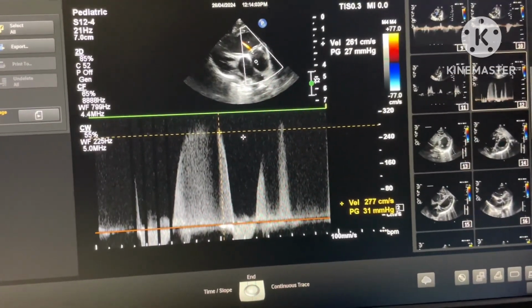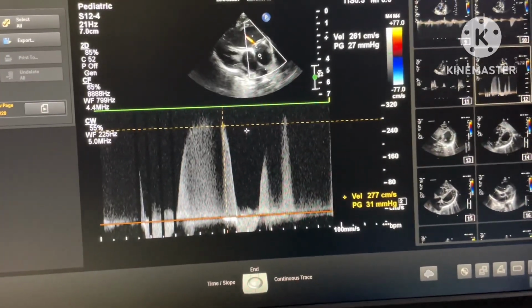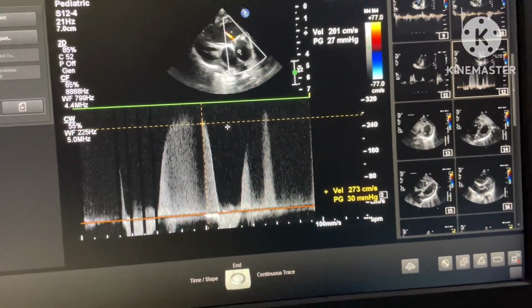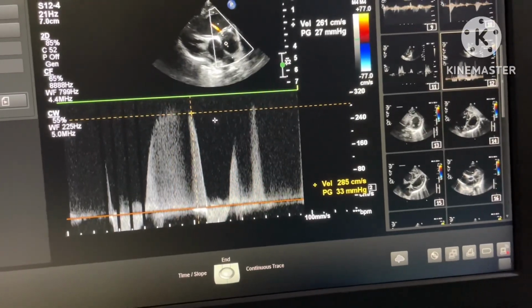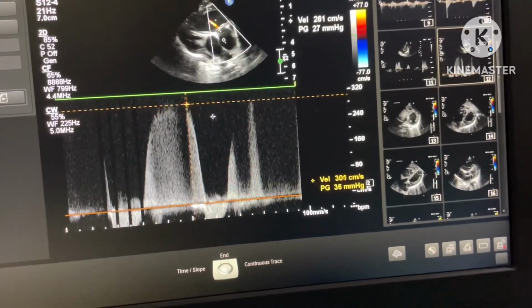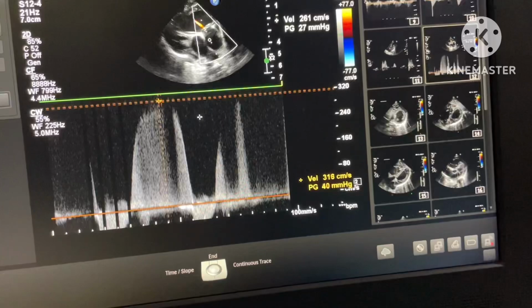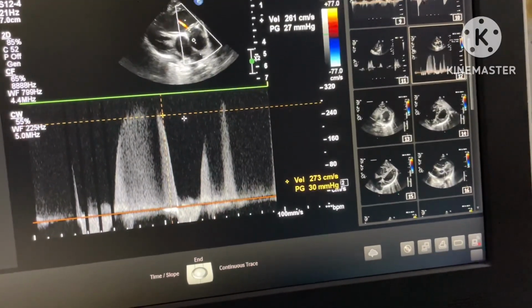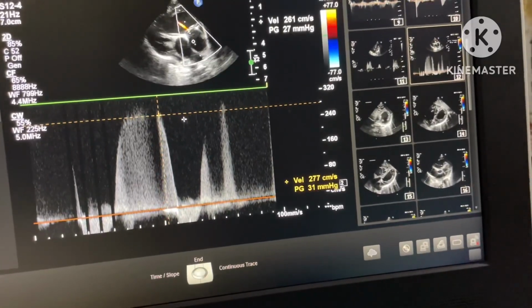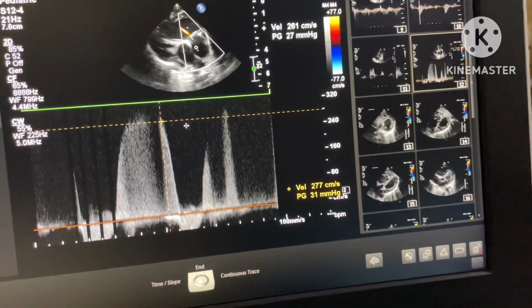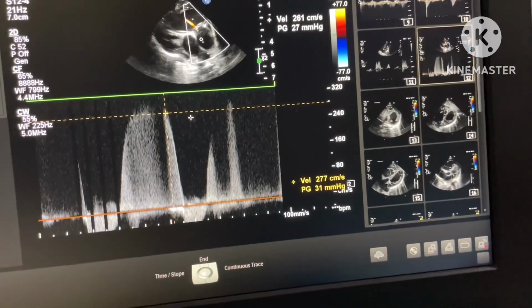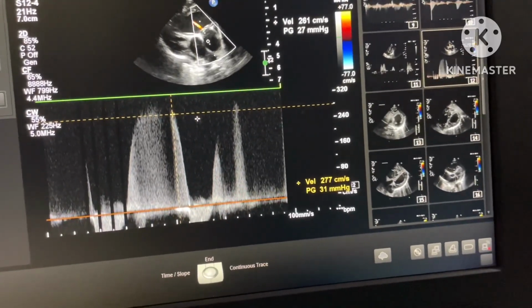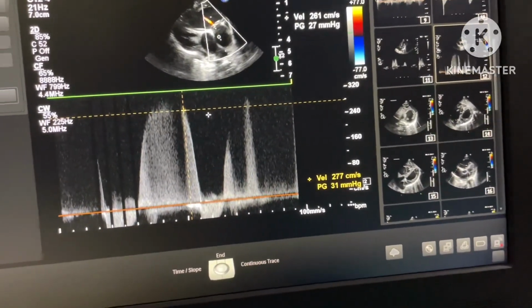This is the pulmonary regurgitation jet, and you see this is the peak velocity, and this is the end diastolic velocity. The peak velocity is the maximum velocity, and the end diastolic velocity is the highest velocity you record at the end of diastole. That velocity is more than 2 meters per second, which means the case is likely to have severe pulmonary artery hypertension.